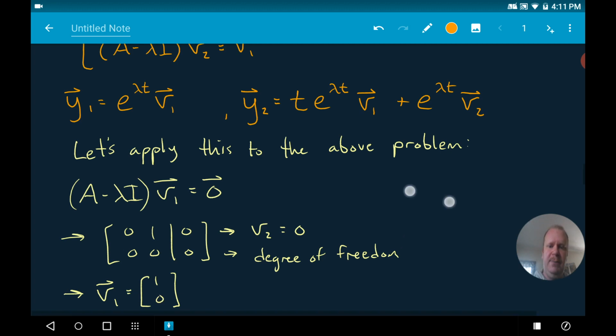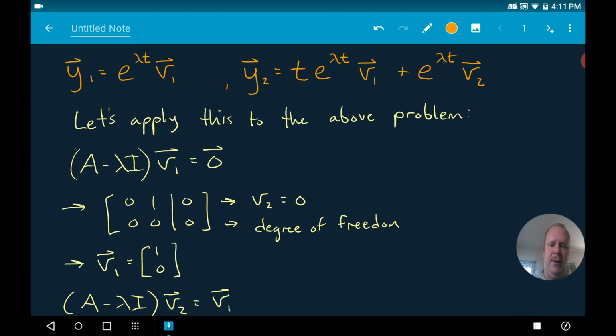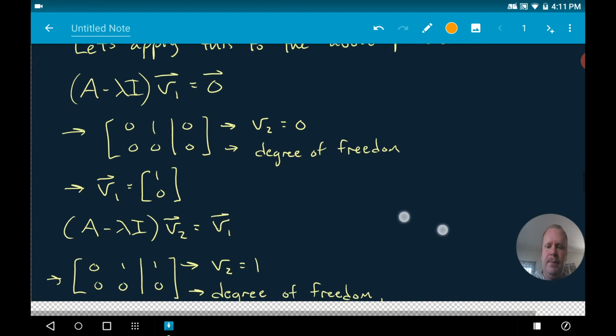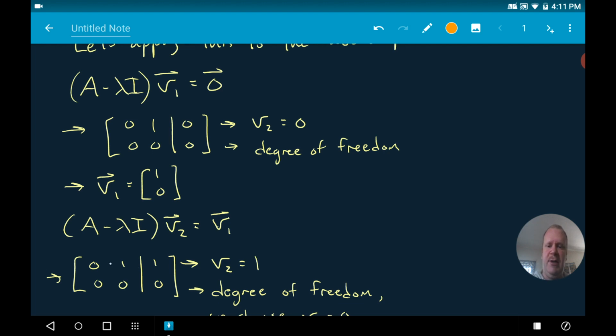The second equation says that instead of the 0 vector, we use our v1 eigenvector. So you can see we have a 1, 0 on the side here instead of 0, 0. This tells us that we have a degree of freedom on the bottom here, and that this equation tells us that v2 is equal to 1.